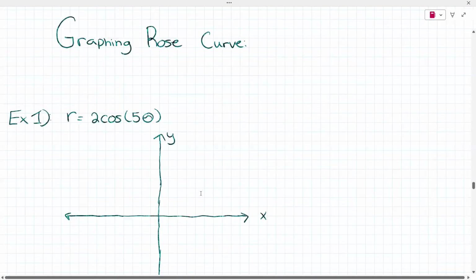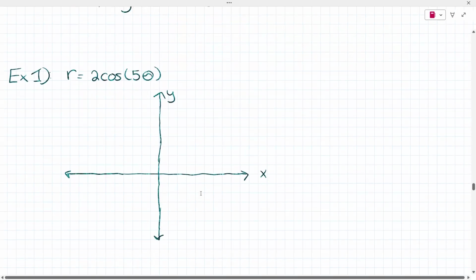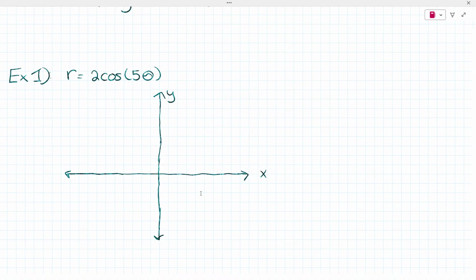So, graphing a rose curve. Let's say you have r equals 2 times cosine of 5 theta. So we know it's a rose petal, and the 2 represents the length. And then the 5 is odd, so you have 5 petals. So it's going to look like this.